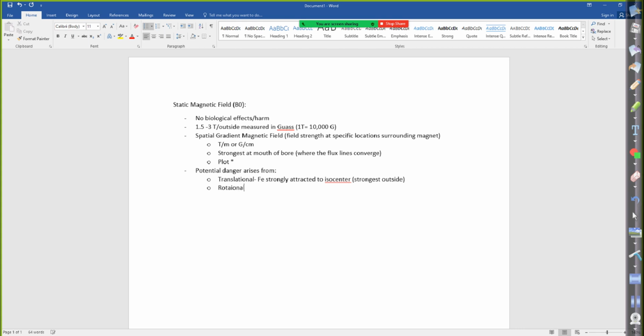Rotational. That's where that ferromagnetic device torques, right? So we have the torque force.